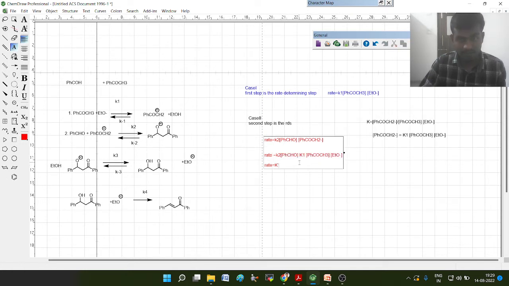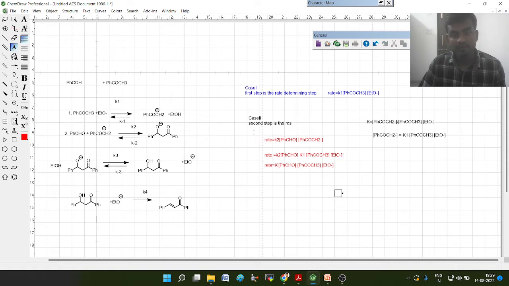So overall from this second step we can see that this reaction is third order: first order with respect to PhCHO, first order with respect to PhCOCH3, and first order with respect to the base EtO minus. So it's a third order reaction if we consider case 2. And again we have considered that this is the fast proton transfer step, so it is not the rate determining step. Now what about k4?